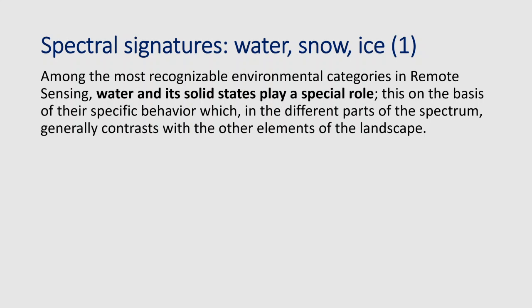ice. Because among the most recognizable environmental categories in remote sensing, water and its solid states play a special role. So, all this part here is related to spectral signature and characteristics of the water and the solid state of the water, that is snow and ice, and in particular also the snow in its different metamorphism.